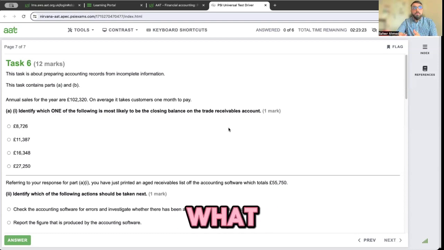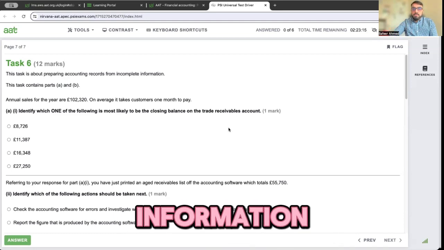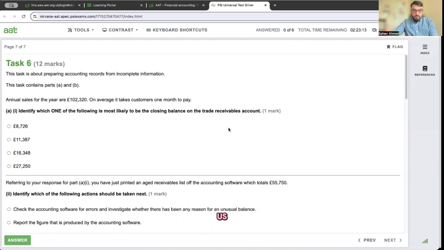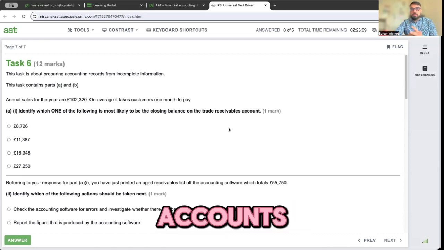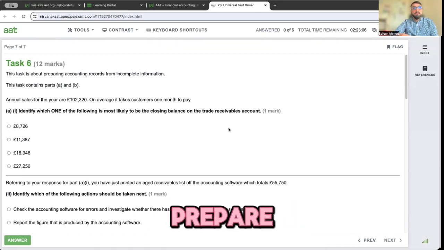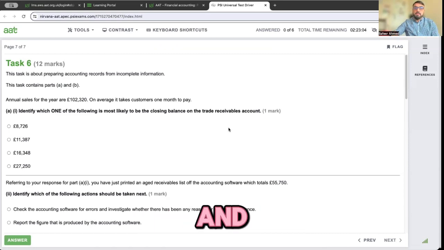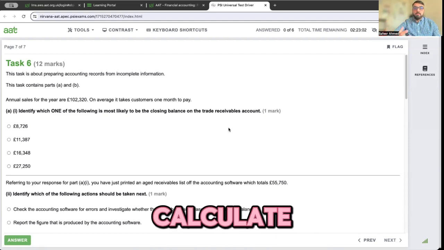So what we do as an accountant, as a bookkeeper, is use some techniques to derive that information from the information given to us. For example, control accounts. We might have to prepare a purchase ledger control account, and as a balancing figure, we can calculate something.